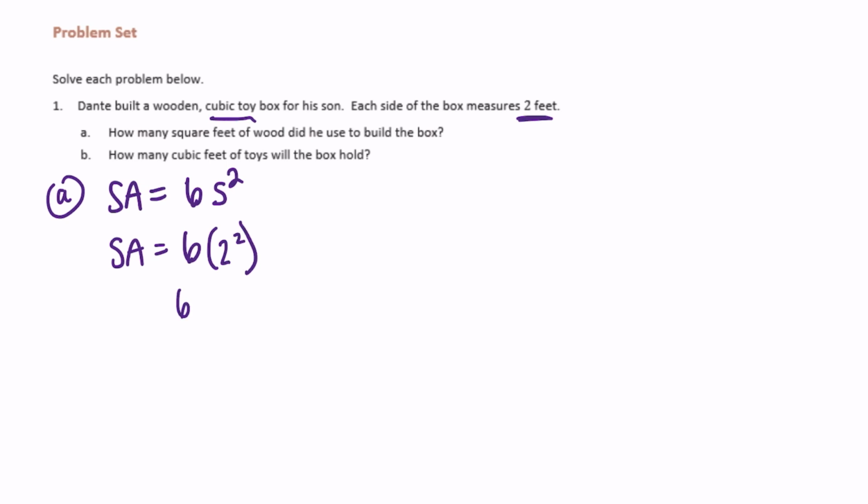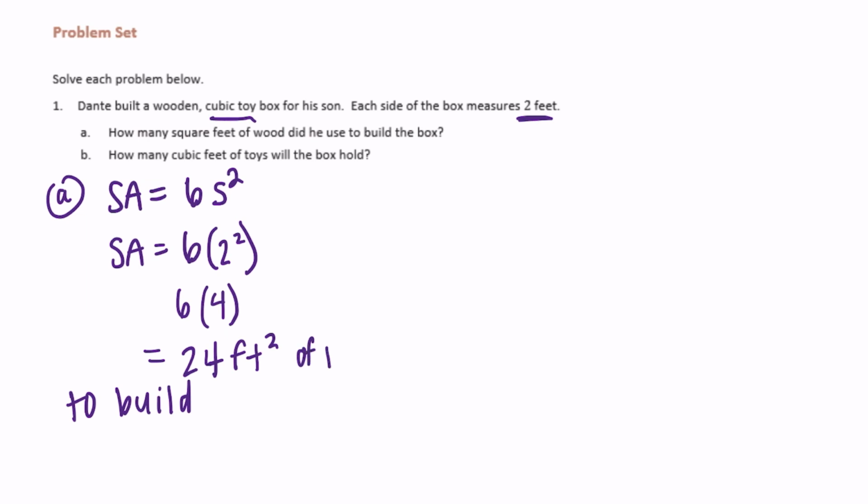So 6 times 2 squared is 4, would be equal to 24 feet squared would be the surface area. So that's A, 24 square feet of wood to build the box.